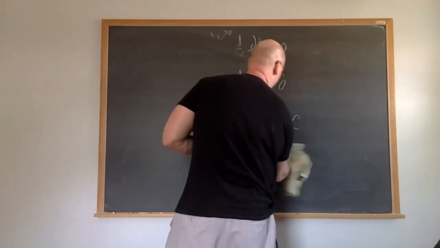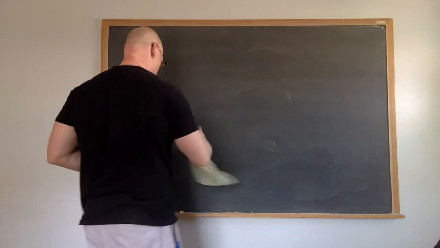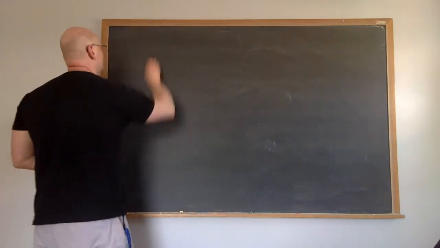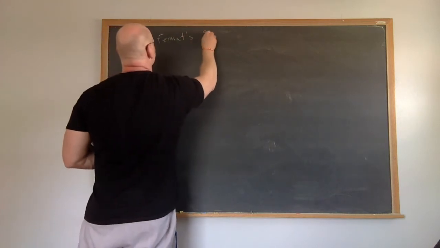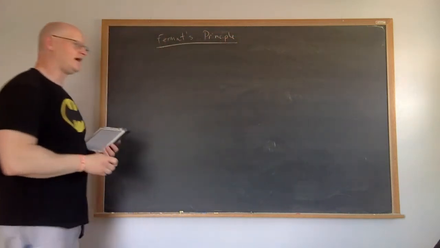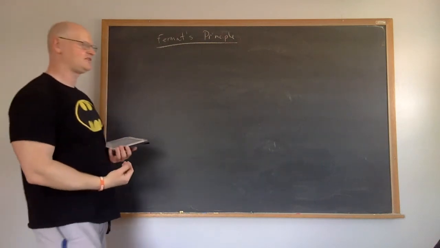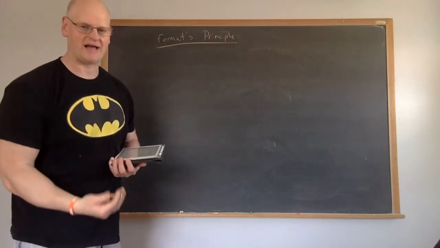I don't know if we talked much about this in 206. But Fermat's principle says that when light enters something like a dielectric, it follows the path which is extremizing the time.